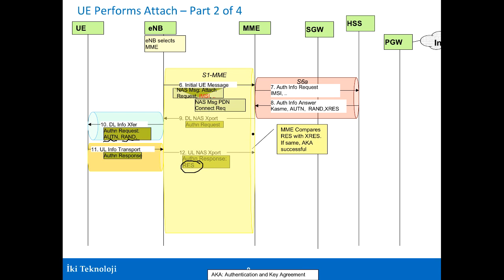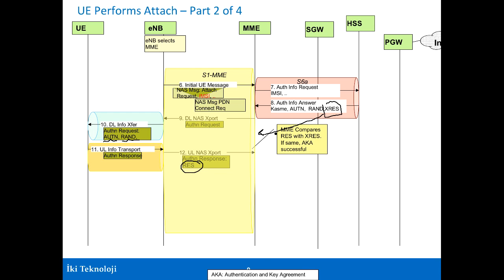And as we said, this XRES is not passed to the UE, and if this RES is equal to XRES, the authentication is successful. So that is, at the very highest level, how authentication of the mobile is done.